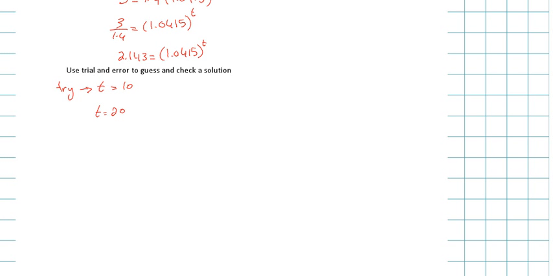1.5? 1.5 is still different than 2.14. Okay? So let's try t equals 20. What do you get when you have t equals 20? You get 2.255?